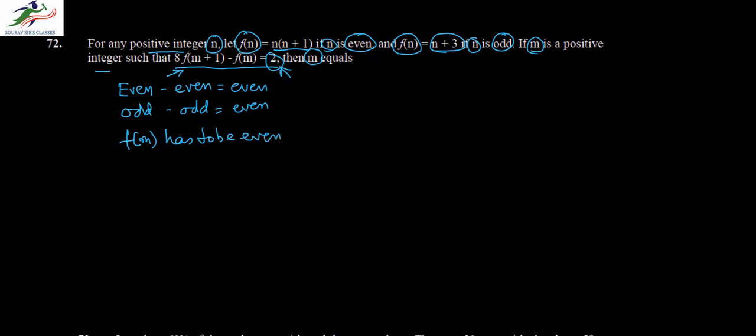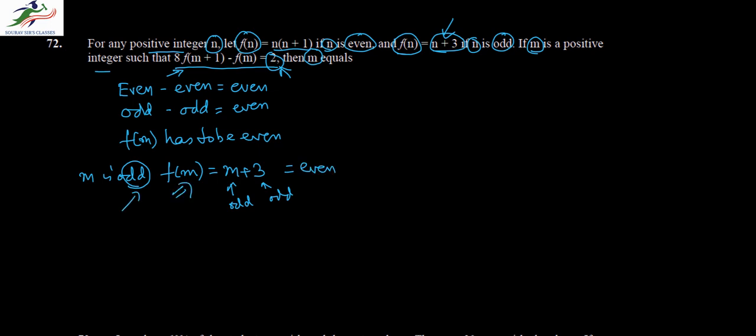Now we see that there can be two cases. If m is odd, then f(m) will be equal to m plus 3. Since m is odd, this is odd, so odd plus odd will be even. So f(m) becomes even if m is odd.